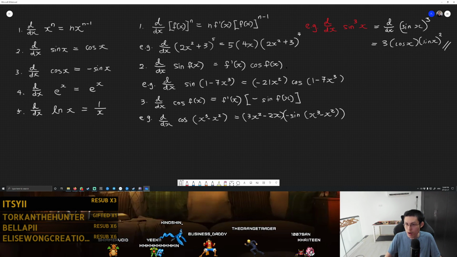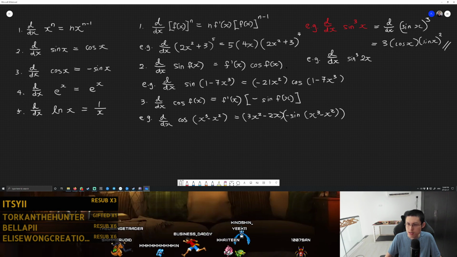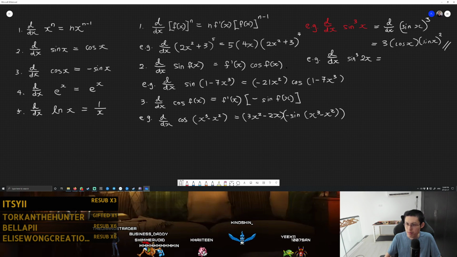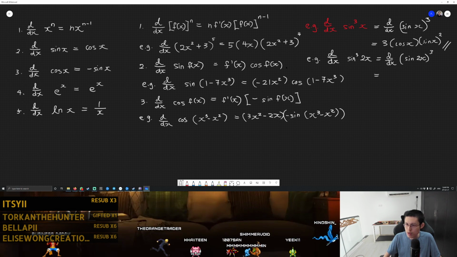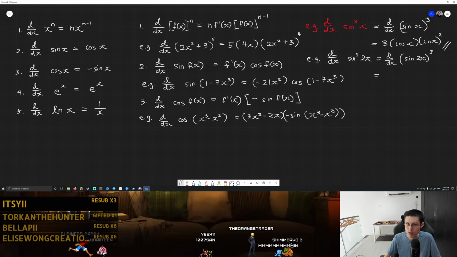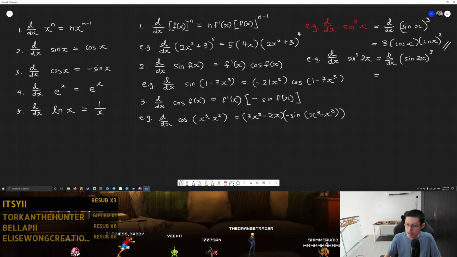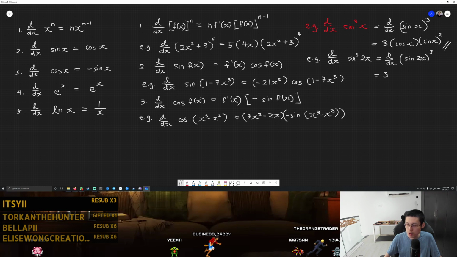Okay. Now, what if I were to differentiate sine cubed 2x? Sine cubed 2x is actually the same as (sine 2x) cubed. So again, this is a function inside the power, similar to this guy here. It's nothing to do with this, by the way. It's this one actually. This is a very common mistake that people make. So for sine 2x, you want to put the power down, and now you want to differentiate sine 2x.